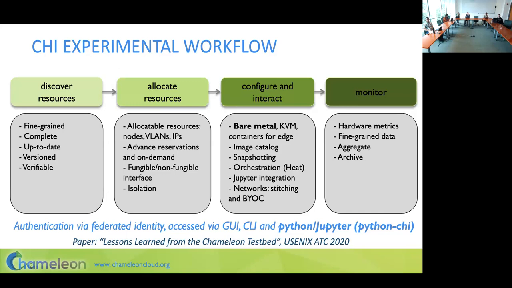So Heat orchestration will do it for you. But orchestration is declarative, and I'll talk about that a little bit more. These days, and for some time, our users have been preferring to use Chameleon via a programmatic, imperative interface in Python or in Bash.